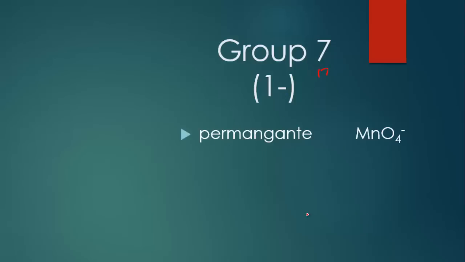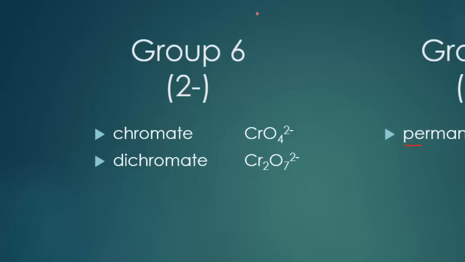And just like the group 17s, all the things that were with a 4, BrO4, we called all these things perchlorate, perbromate. MnO4 minus is permanganate. Okay? And I think I have a little typo. There should probably be an A right there. My bad. Okay? So group 7 follows group 17.